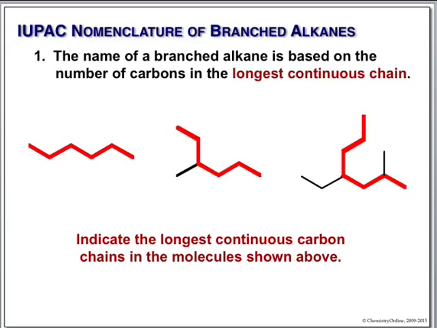Once you identify the longest chain, we call that the parent. Now remember how we talk in organic chemistry. We use the prefixes to indicate the number of carbons. So this has 1, 2, 3, 4, 5, 6. Remember 6 was hex.